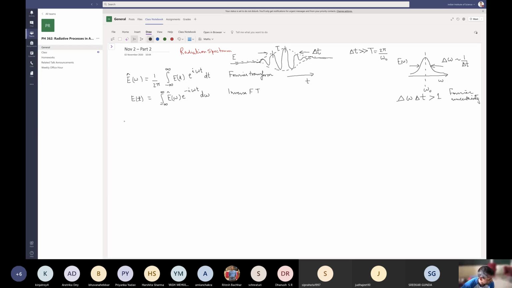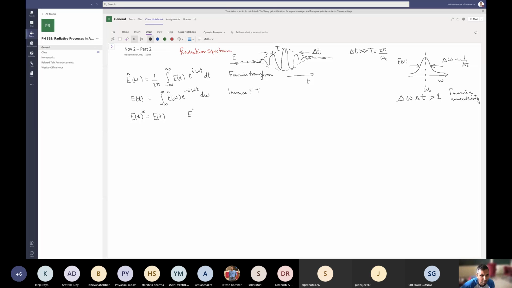Now, if the electric field is real, then E star of t is equal to E of t. The complex conjugate of this electric field is equal to the electric field itself. If we take a complex conjugate, I'll write it separately and then do my manipulation.